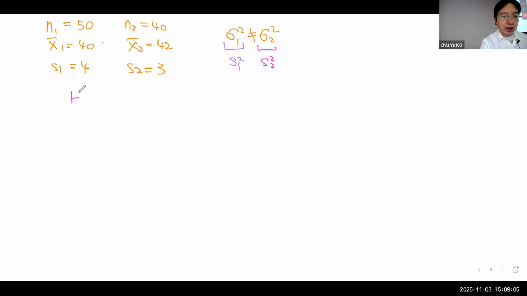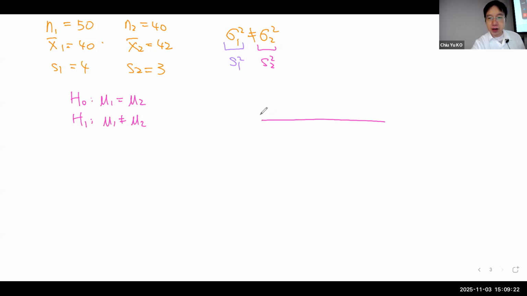So remember our null hypothesis is mu1 equals mu2. And the variances are not the same. If you look at this carefully, this is still a bell curve for the observation x1 bar minus x2 bar.